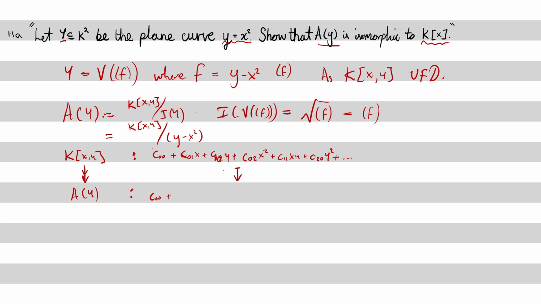c_00 plus c_01 x plus c_10 x squared, because y equals x squared, plus c_02 x squared plus c_11 x cubed, because it's x times x squared, plus c_20 x to the 4 plus dot dot dot, equals, and then you can just put them together.